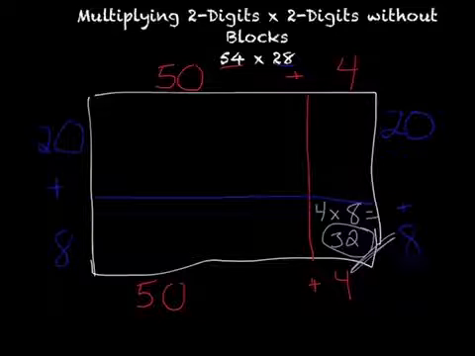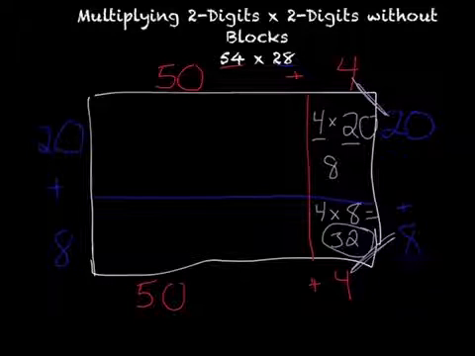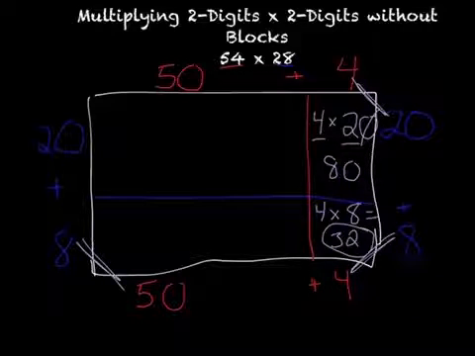So I'm going to do 4 times 20, but I don't know 4 times 20. But I do know 4 times 2, which is 8, and it's not actually 4 times 2, it's 4 times 20, so I'm going to take that 0 from the problem and put it in the answer to represent all those tens.